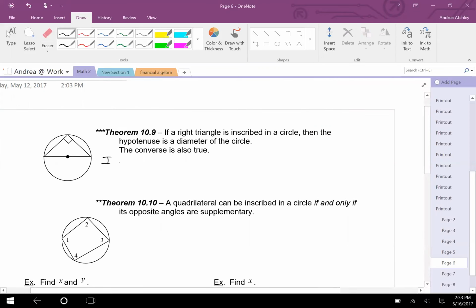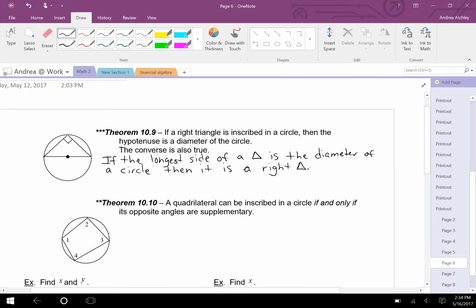If the longest side of a triangle is the diameter of a circle, then it is a right triangle.